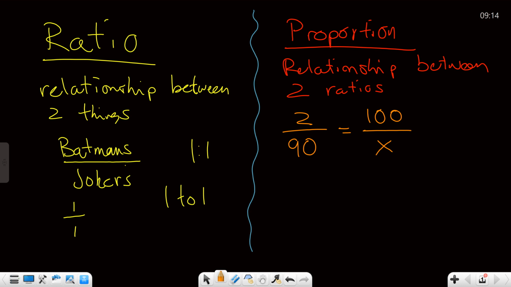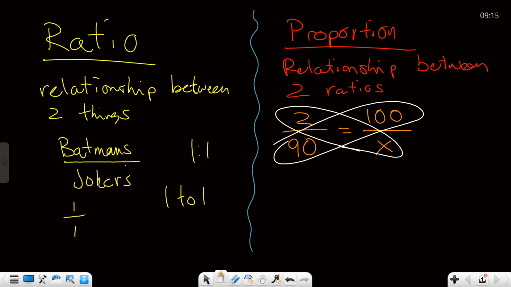Good. How'd you do that? I did 2 divided by 90 and then multiplied it by 100. Okay, and that can get confusing depending on where the variable is, so I would suggest using this technique. What's that technique called? Cross multiplying.